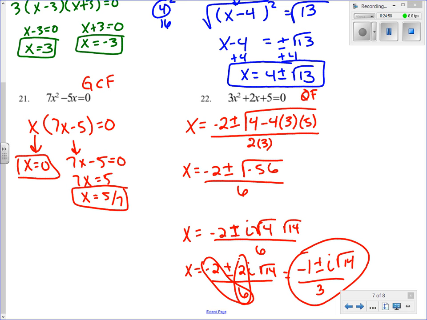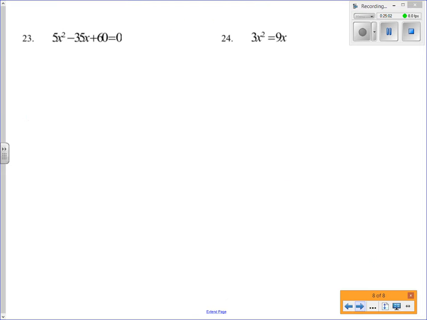Okay, on to number 23 and 24. 23, I would love to do quadratic formula, honestly, but I see a really easy way to do split the middle, and that's first pull out a GCF. So we're going to do split the middle on this one. So pull out a GCF of 5.